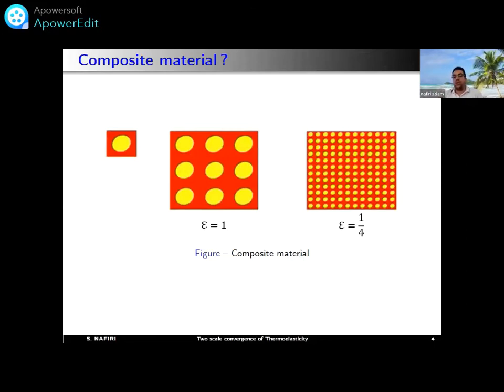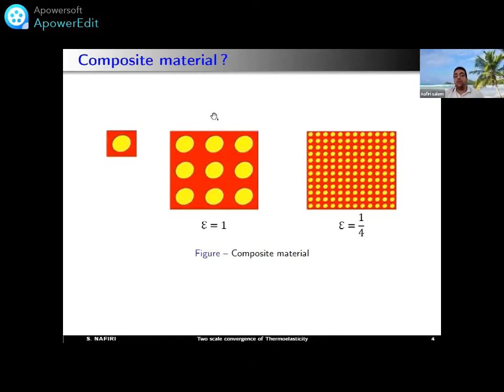Once you mix both materials, you get a new one. And this new one can be considered as a heterogeneous domain. So it can be this first picture.